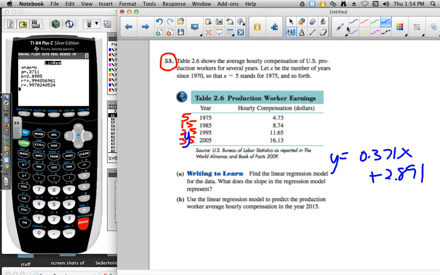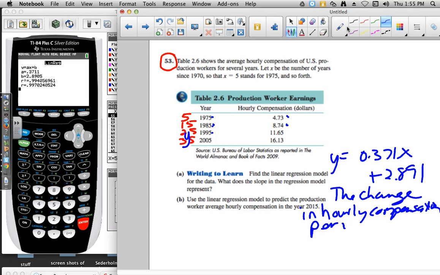Well, what we're finding is the change in hourly compensation per year, because we put those in as fives. So for part A, we'd finish it up by saying the change in hourly compensation per year is what we're truly finding with that 0.371.